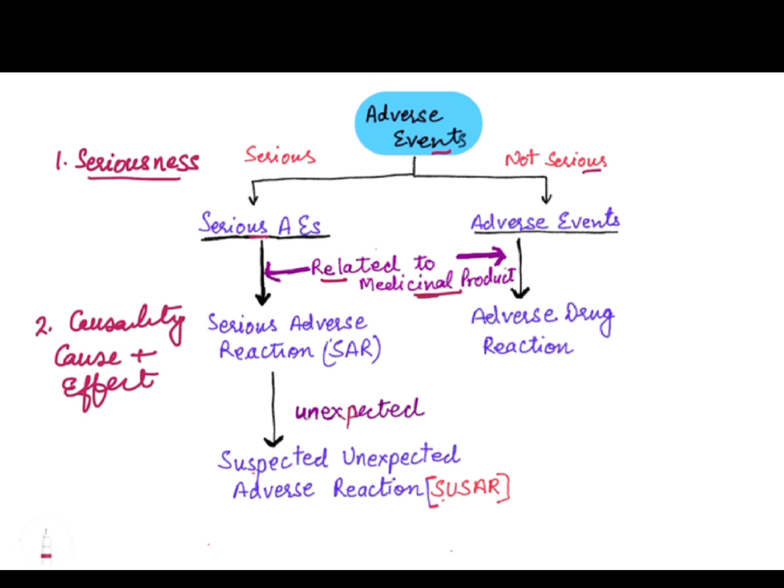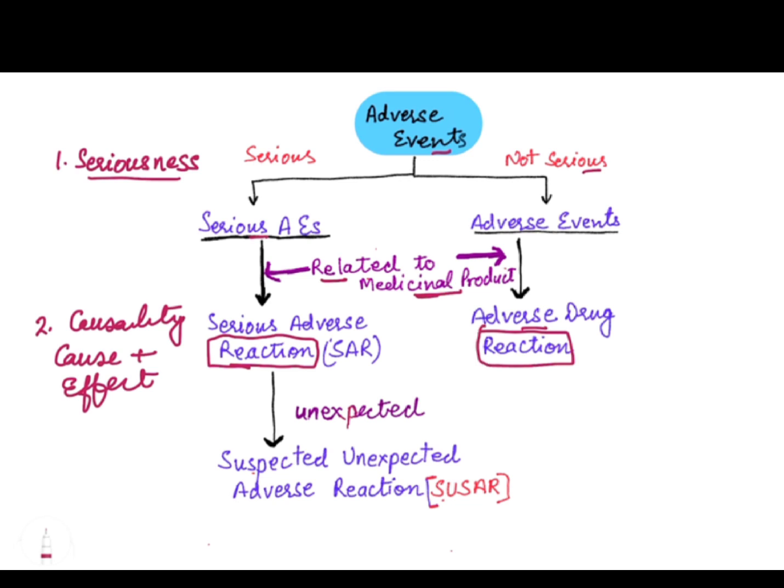If we are saying that this is because of the medicinal product, then it will turn to a reaction. The important word is reaction. Even if it is a minor accident, the person just fell off, right? Not a major one, but still it is determined that it might be because of that, the person's ability to think clearly has been impacted or something has happened with him or her, then also it will turn into a reaction.